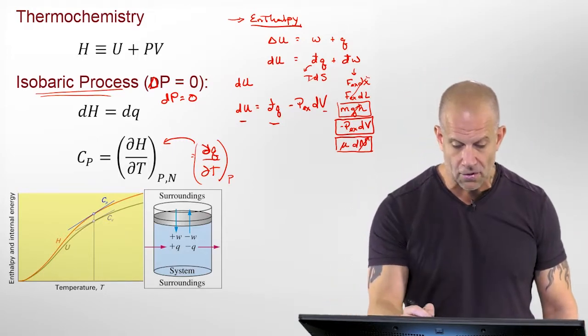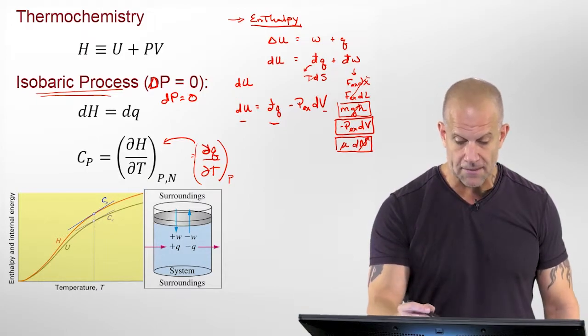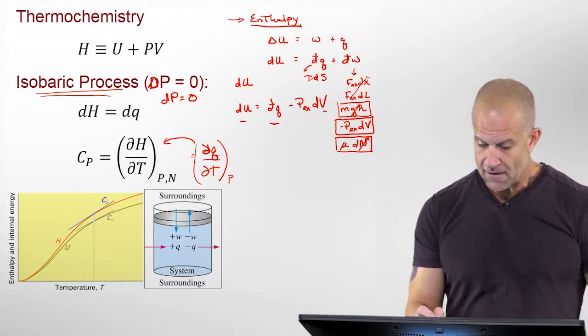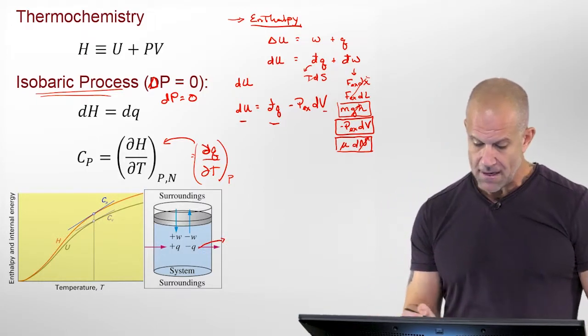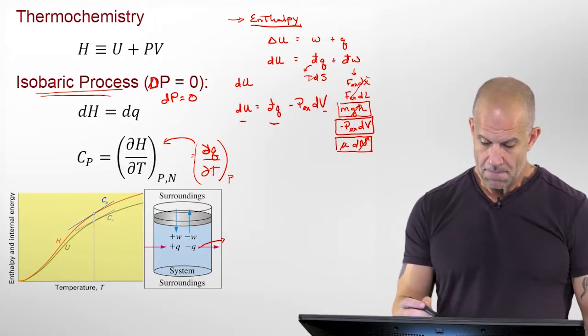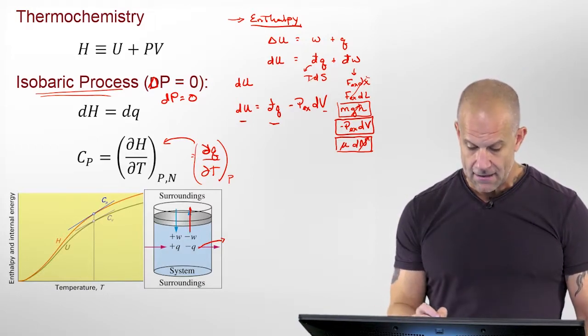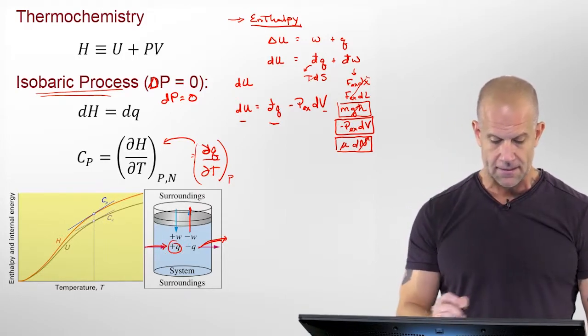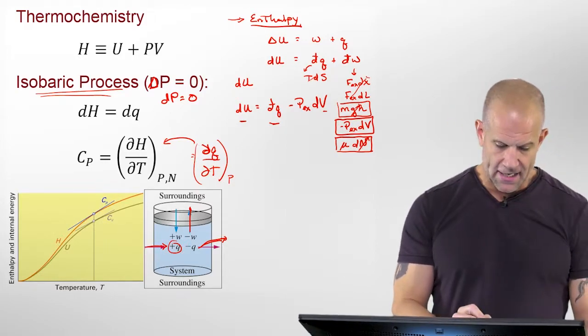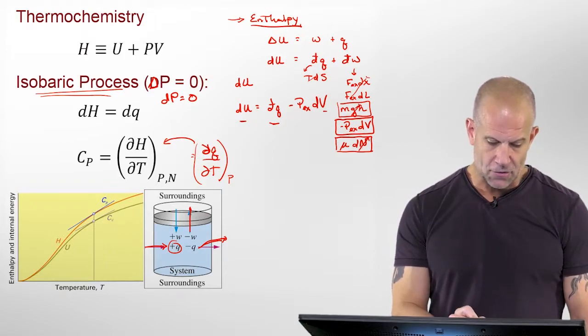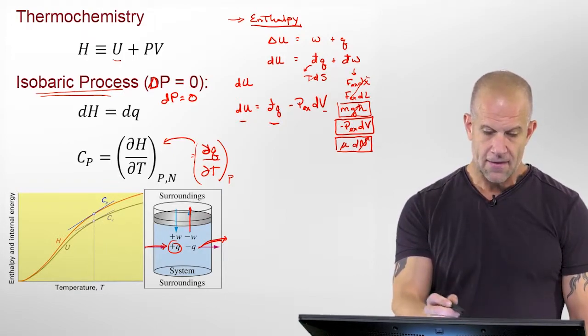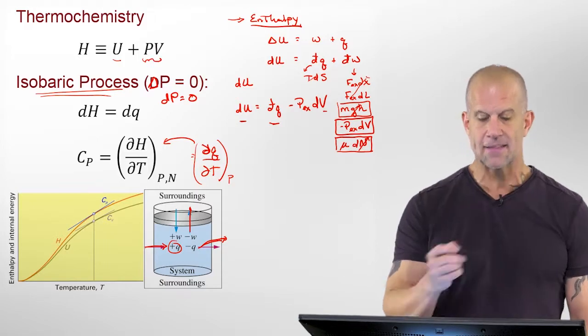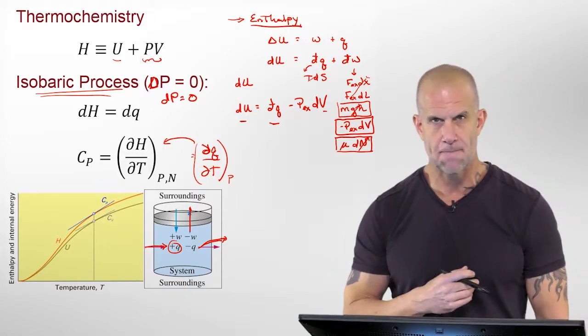And again, we're always looking at this from the system standpoint: if work is released by the system, it's negative, and if heat is absorbed by the system, it's positive. We can see that we expect the enthalpy to be higher than the internal energy because it's adding this additional PV term.